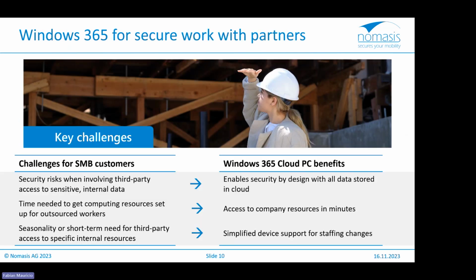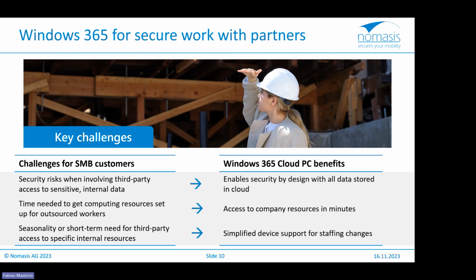Now that we have seen really what Windows 365 does, I wanted to cover more use cases on where you could use it. One use case would be with your partners. For example, you don't want them to have to install a VPN on a desktop that you do not manage. You don't know what's installed on this desktop. You don't know what the user is doing with that computer.